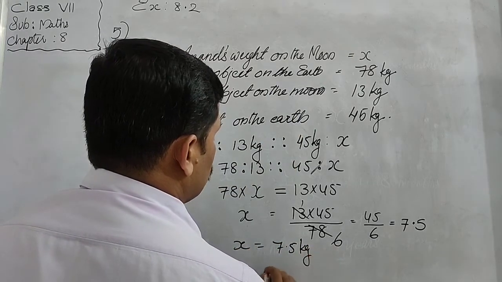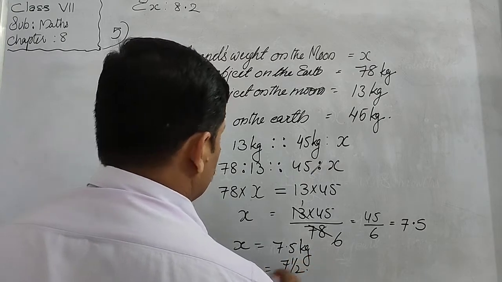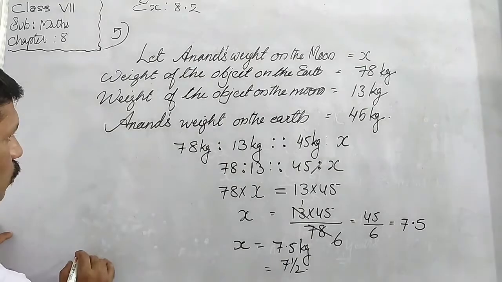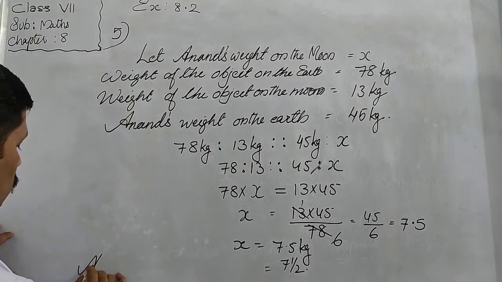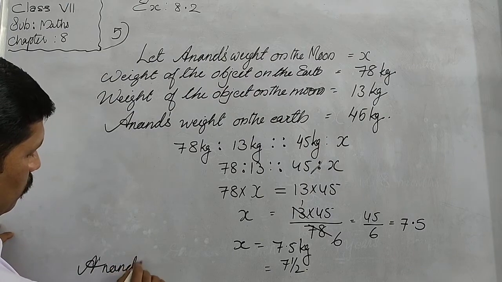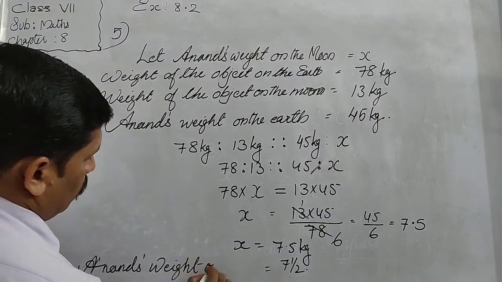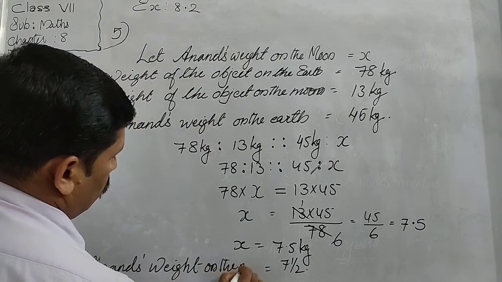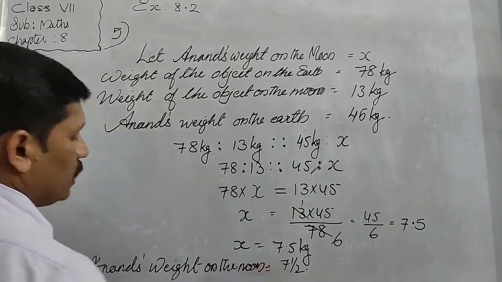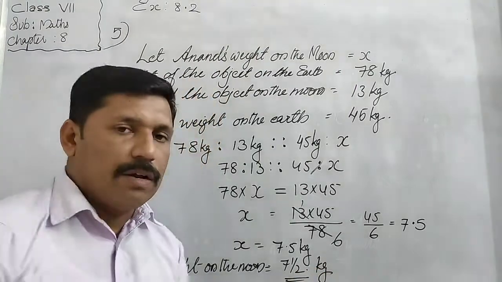So here Anand's weight on moon is equal to 7.5 kilogram.